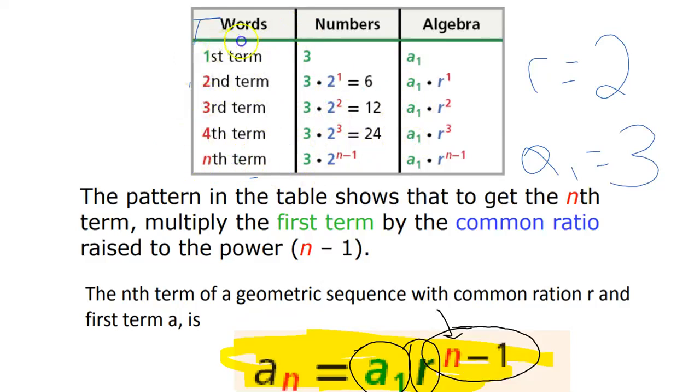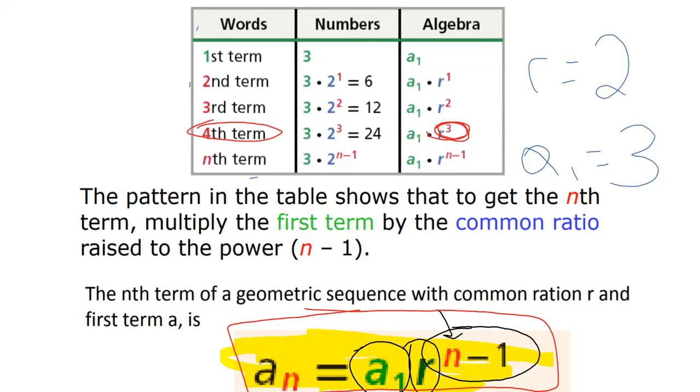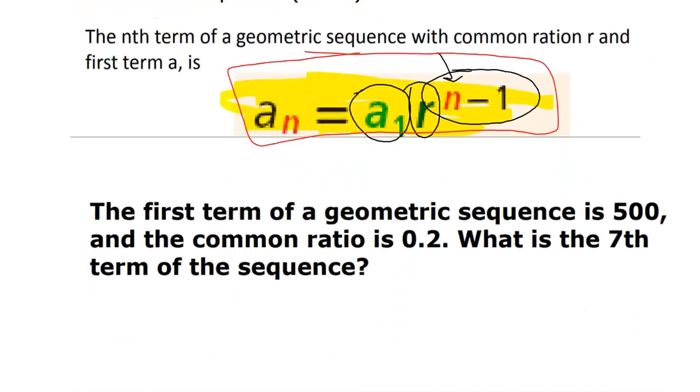If we are talking about the fourth term, which would be here, we're actually plugging in n. Our value is a 3. So we're taking whatever term we're on, subtracting 1. Okay, but really the only thing you need to know is find what the common ratio is, find what the initial value is, and then you can plug everything into this equation, put it all together, and you've got a geometric function or a geometric sequence.